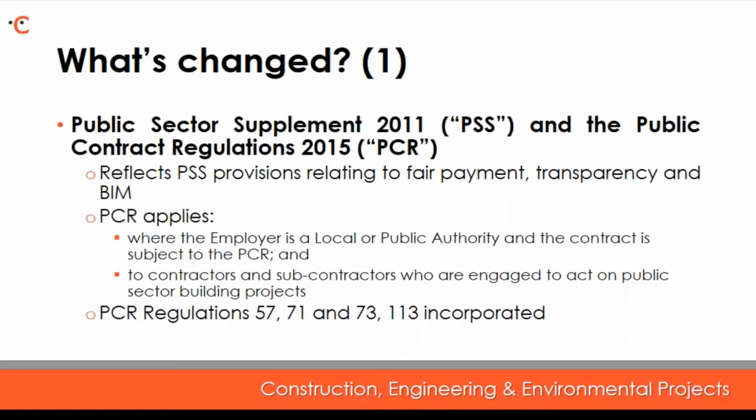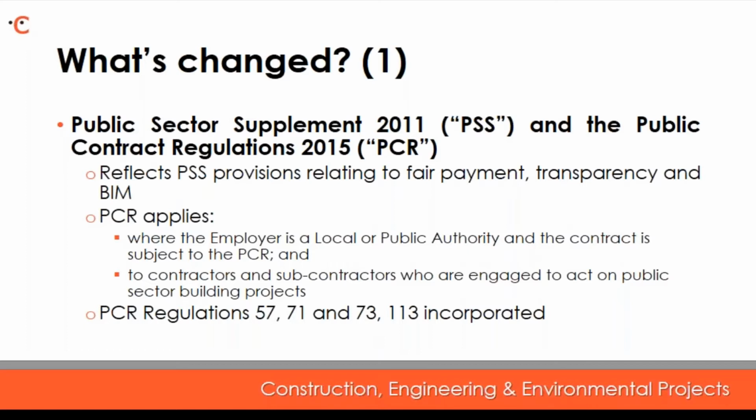In the 2016 edition, the provisions included in respect of the Public Contract Regulations only apply where the employer is a local or public authority and the contract is subject to the Public Contract Regulations.